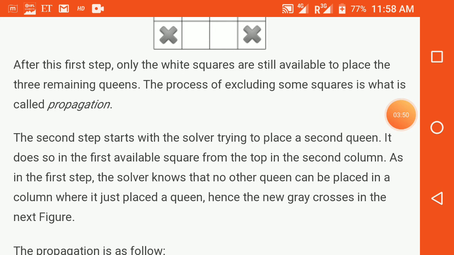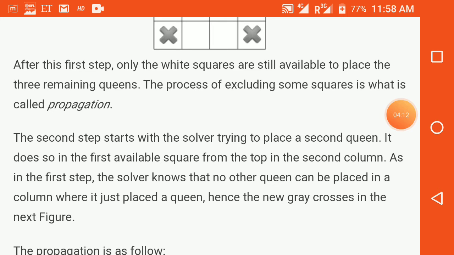The second step starts with the solver trying to place the second queen. It chooses the first available square from the top of the second column, as the first step showed the solver that no other queen can be placed in the column where the queen was just placed.